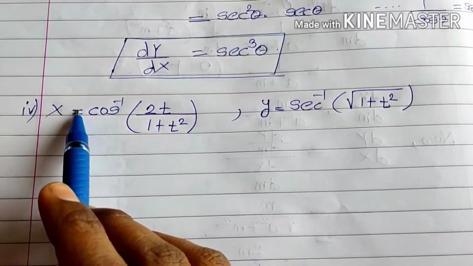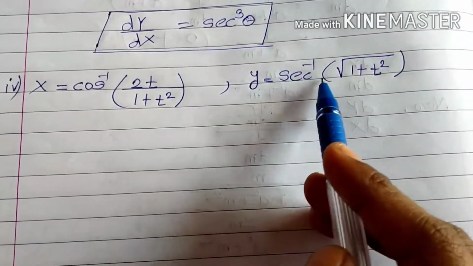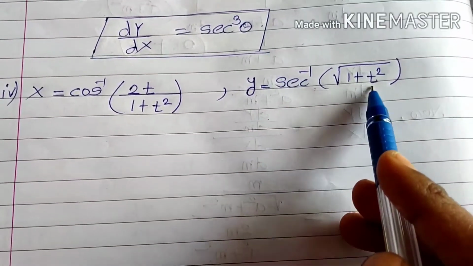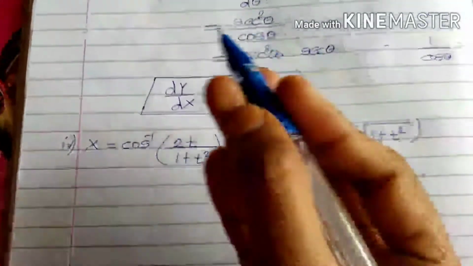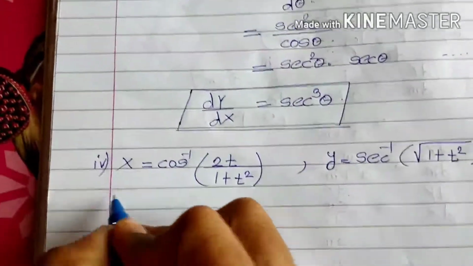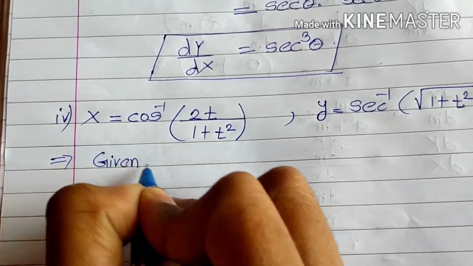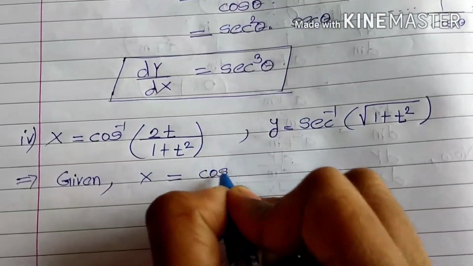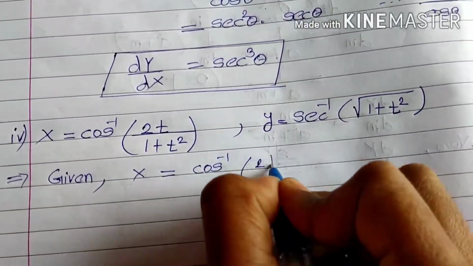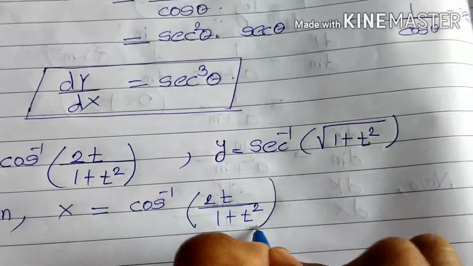Next example is x equal to cos inverse of 2t upon 1 plus t square, and y is equal to sec inverse of under root of 1 plus t square. Now here t is the parameter. So first, as per our procedure, given x is equal to cos inverse of 2t upon 1 plus t square.